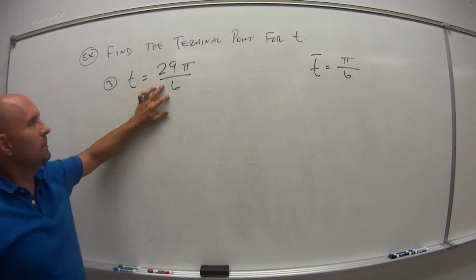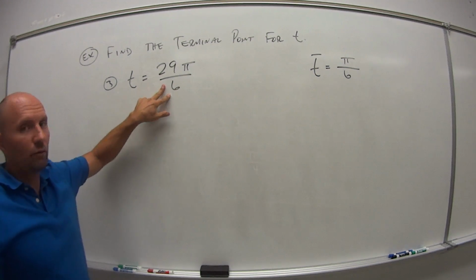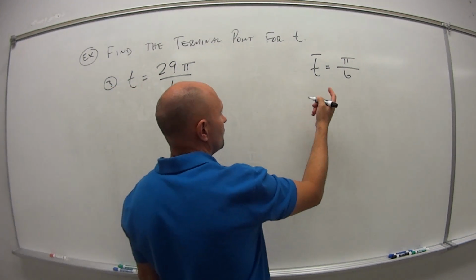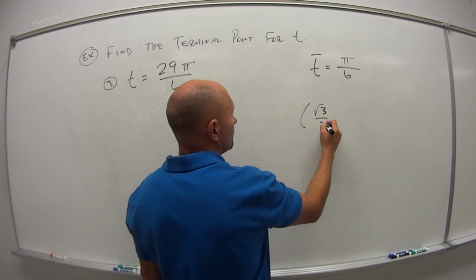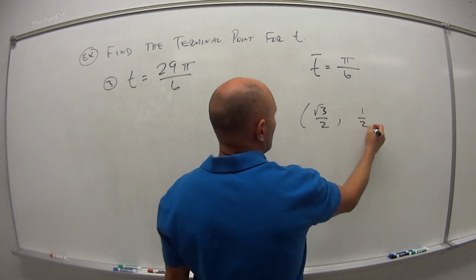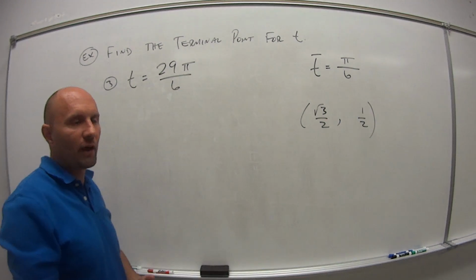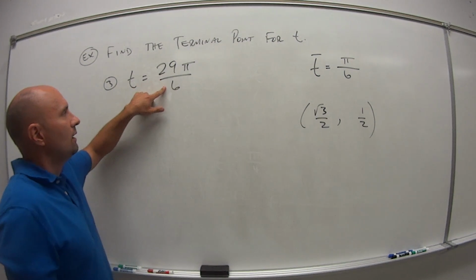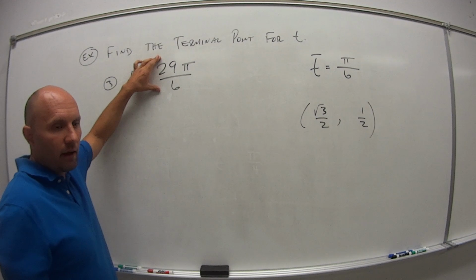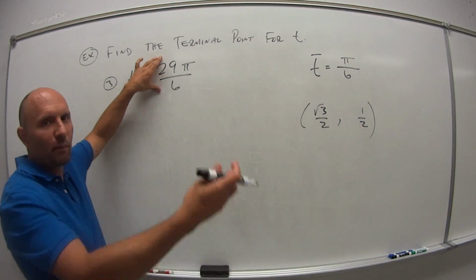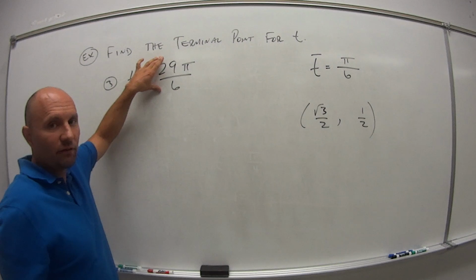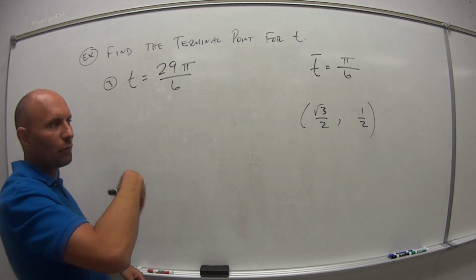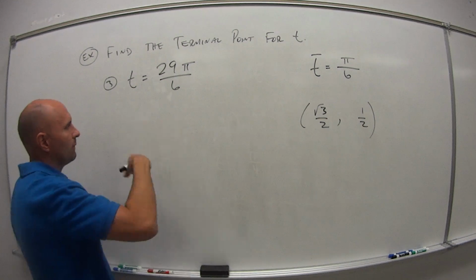But the question then becomes, what quadrant does this land in? I know that pi over 6 is square root of 3 over 2 and 1/2, but I don't know what signs have to go on here because it's dependent on this quadrant. So I need to rewrite this, ideally taking out as many 2 pi's as I can. That way, it'll tell me how many times I'm going a full time around the circle.